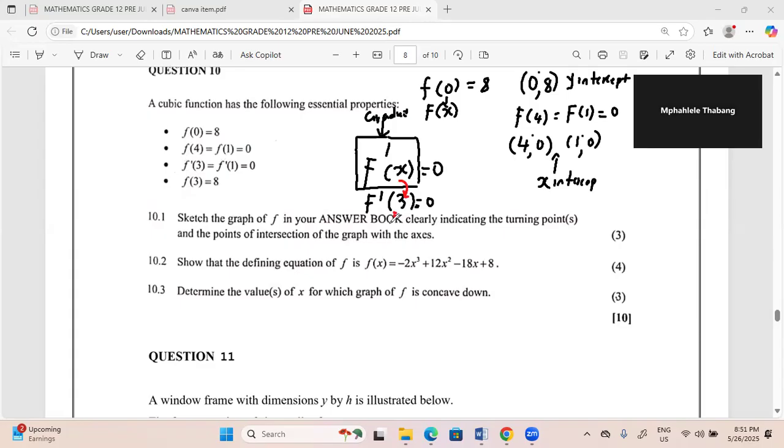We know that the gradient is 0 at the turning point. So they are saying one x turning point is 3, another x turning point is 1.